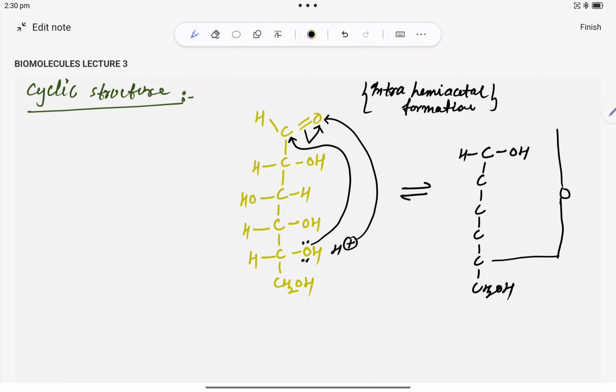That oxygen is attached to carbon number 1, and the remaining second carbon OH, third carbon OH, remaining OH, and here one more H, here one more H, here one more H, here one more H. So check it, children.